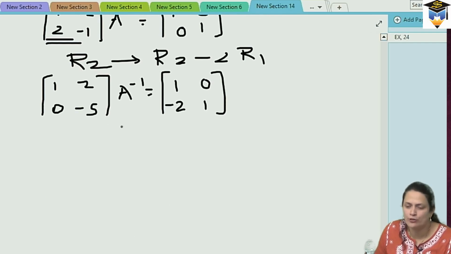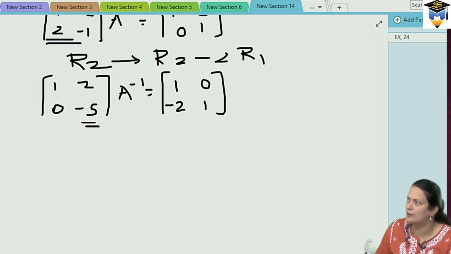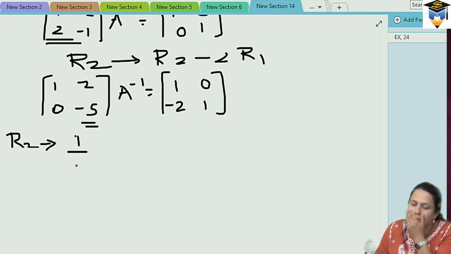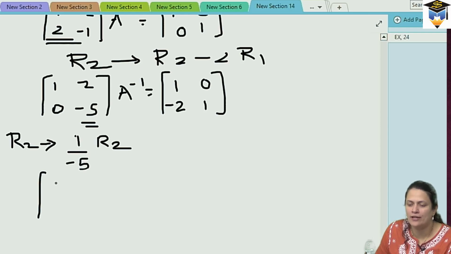Now next step, I want 1 over here, correct, because in an identity matrix 1 is in this place. So I am going to multiply R2 by 1 upon minus 5, that is R2 becomes 1 upon minus 5 of R2. Now R1 will remain as it is and R2 will change to 1.